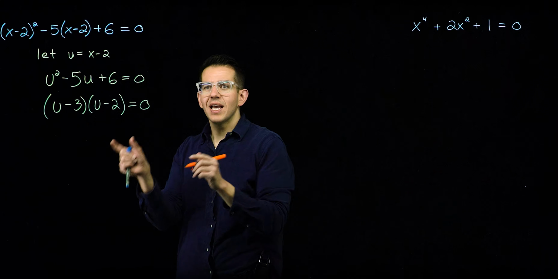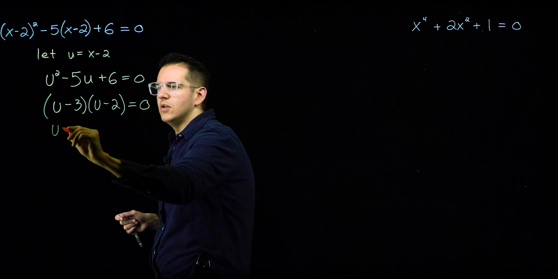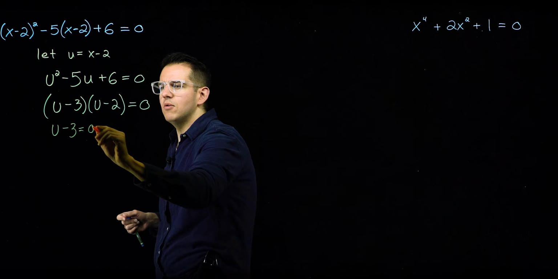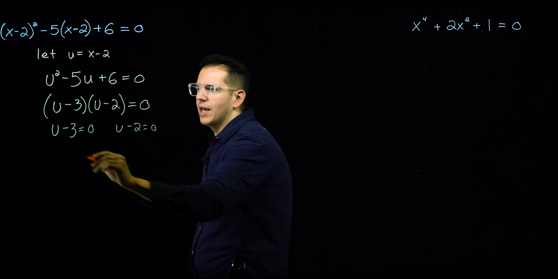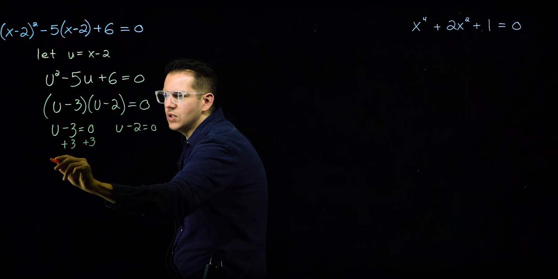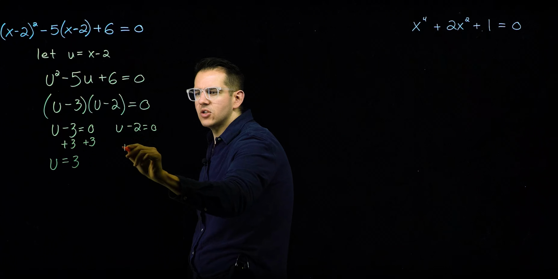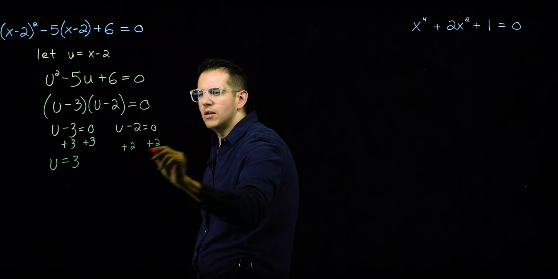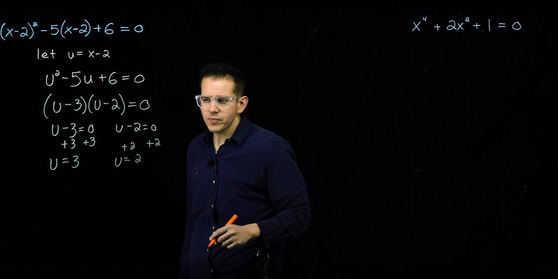And now we can set each of these factors equal to 0 and solve. U minus 3 equals 0, u minus 2 equals 0. Adding 3 to each side in this equation gives us u equals 3, and adding 2 to each side in this equation gives us u equals positive 2.